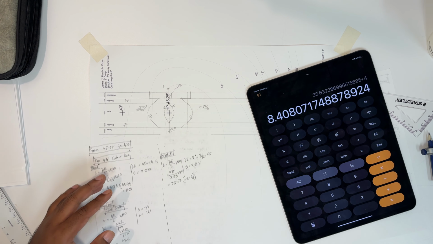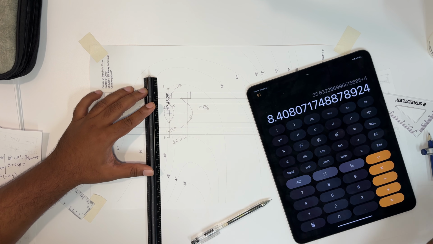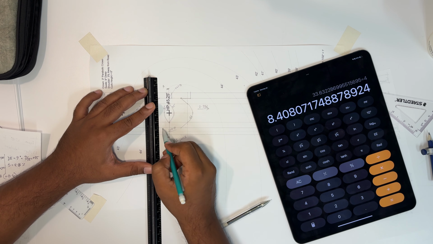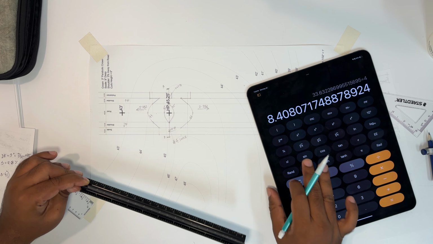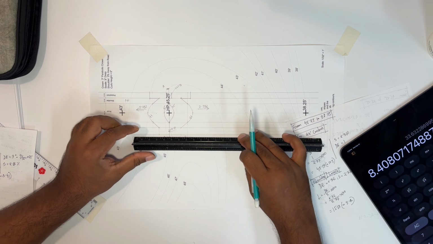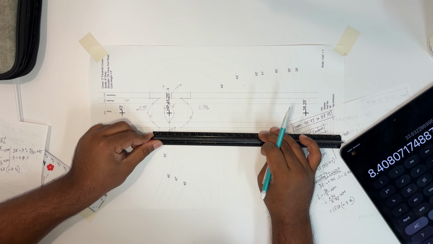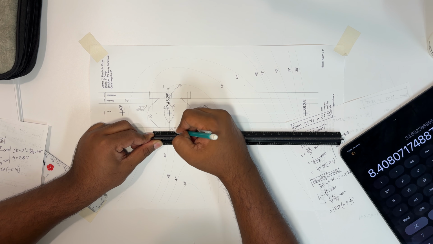Okay. So 8.4 from this line on top of this line. So 8.4 is somewhere here.